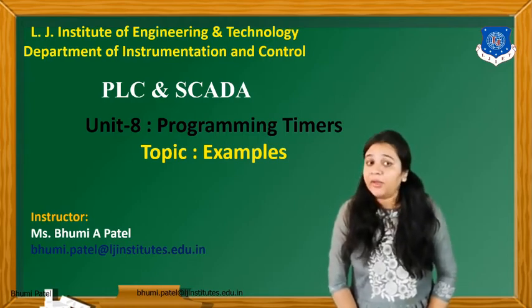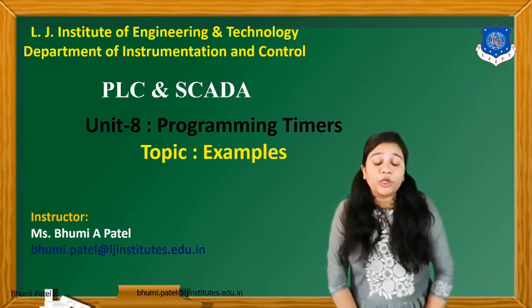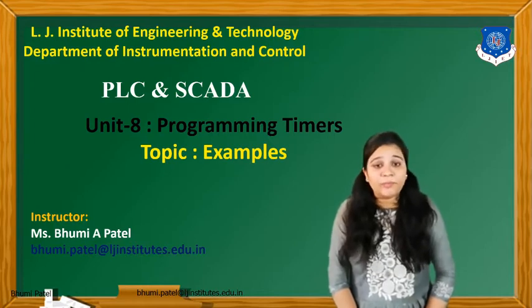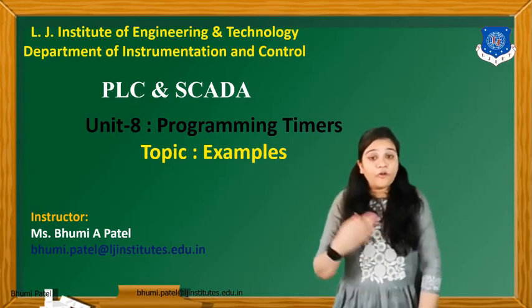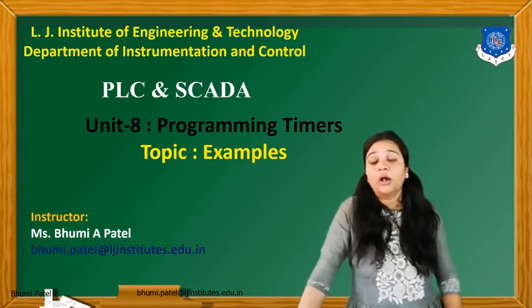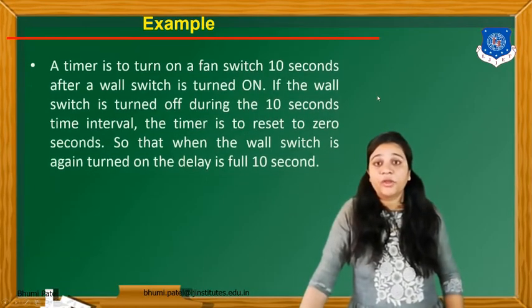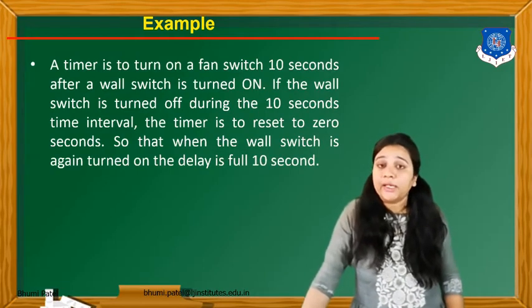The T on timer is used whenever we turn on a particular system or plant after a particular time. And if in some application we turn off the system after some time, we use a T off timer.